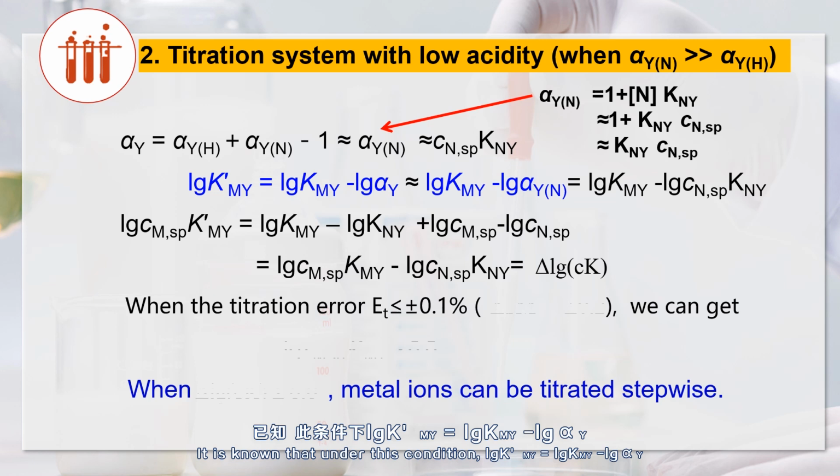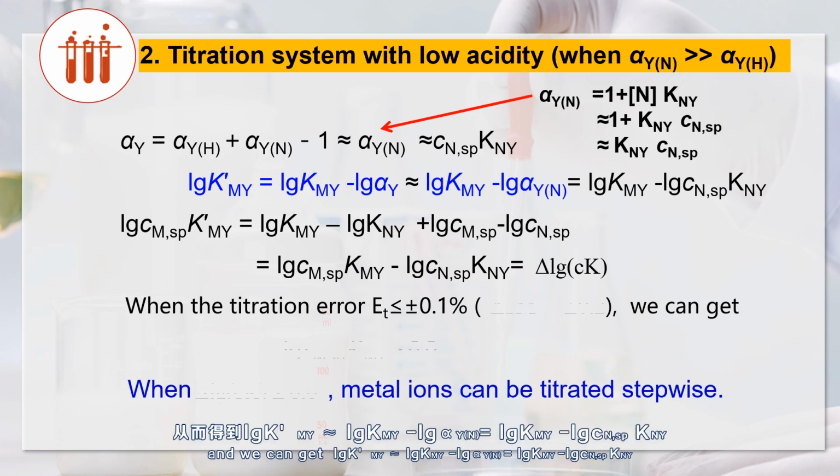It is known that under this condition, log K'(MY) equals log K(MY) minus log alpha Y. Substituting the alpha Y expression above into the equation, we get log K'(MY) approximately equal to log K(MY) minus log alpha Y(N), equal to log K(MY) minus log C(N)sp K(NY).